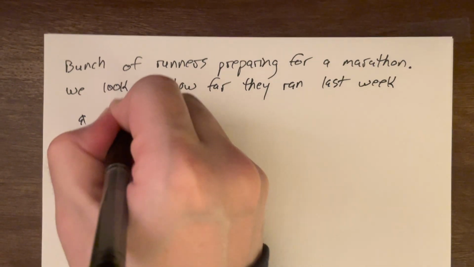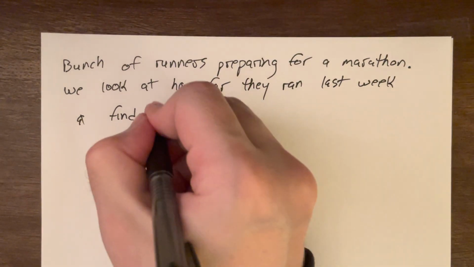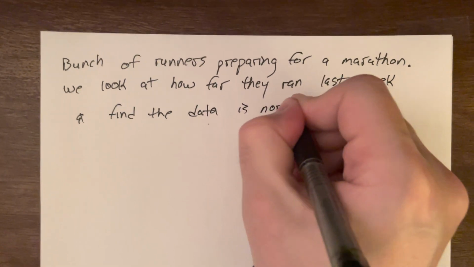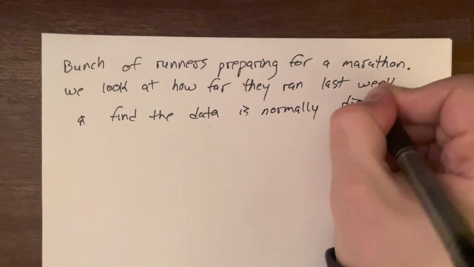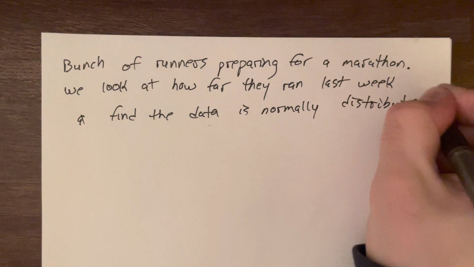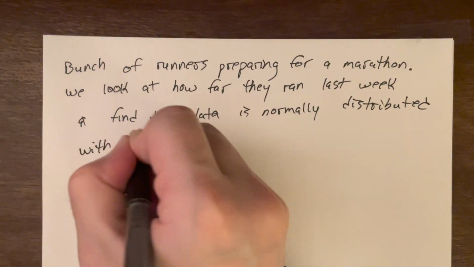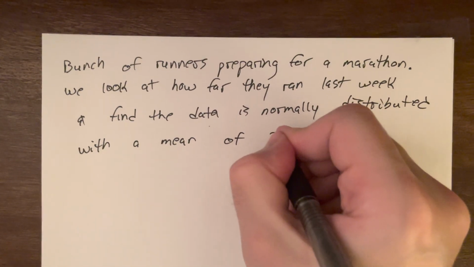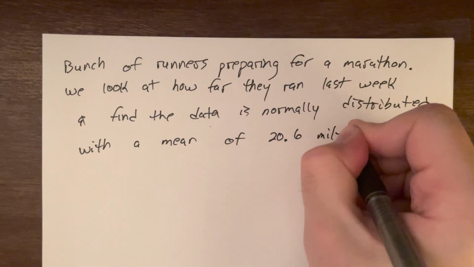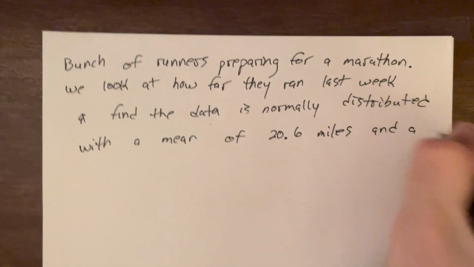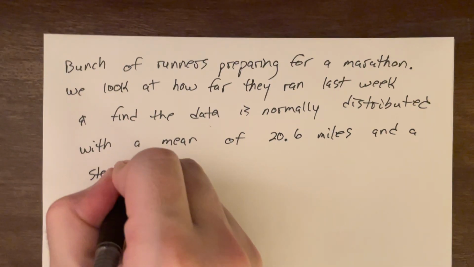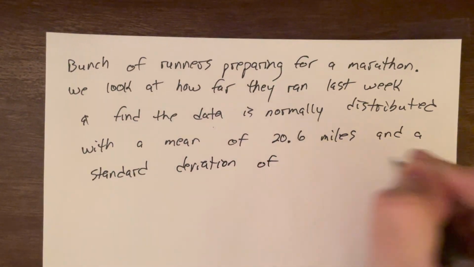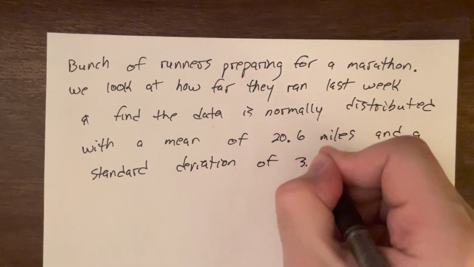And find the data is normally distributed with a mean of, we'll go 20.6 miles and a standard deviation of, we'll go 3.4 miles.